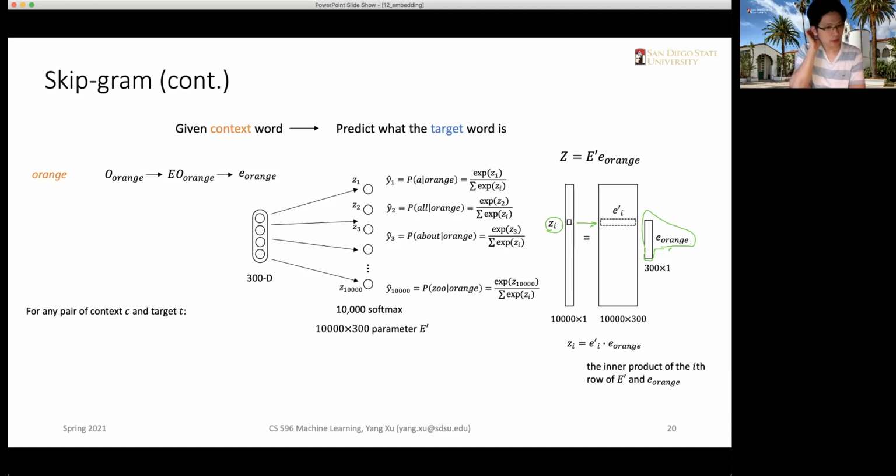So that will determine the form of our final learning task.